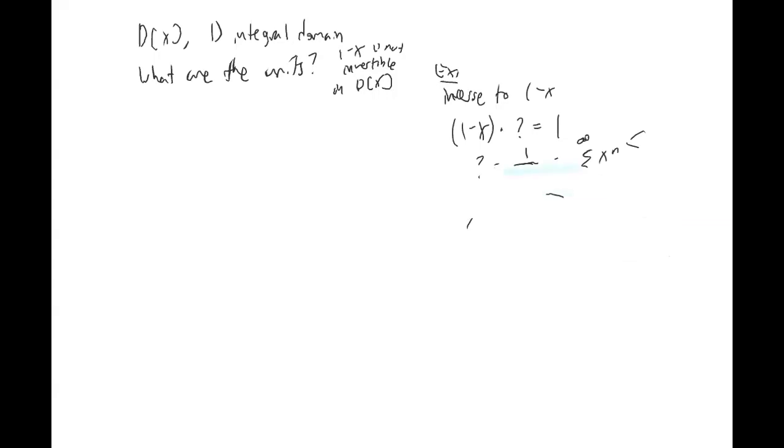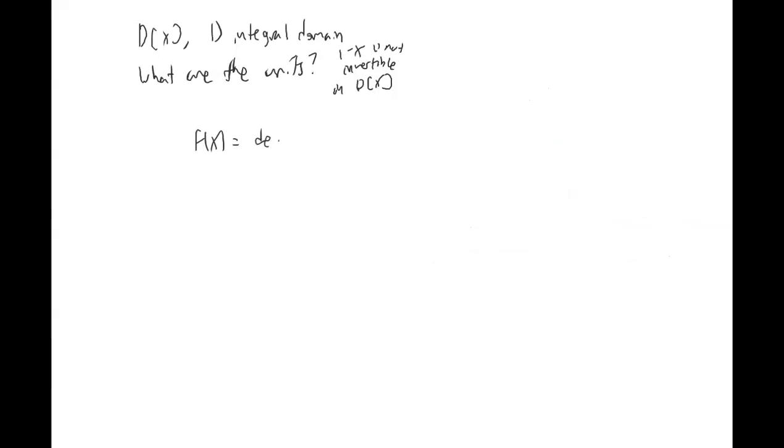Well, it follows this really easy concept of degrees, right? So if f(x) has degree n and g(x) has degree m, since we're in an integral domain, degree actually makes sense as a product. So what's the degree of f times g?